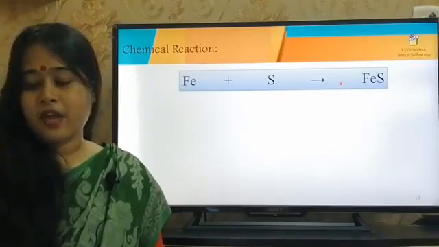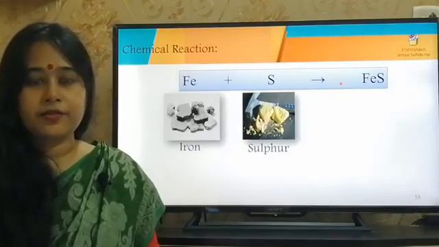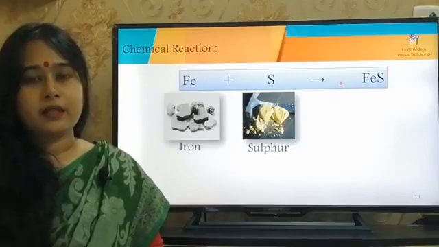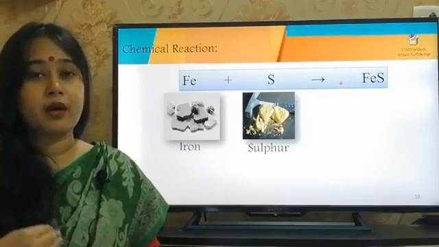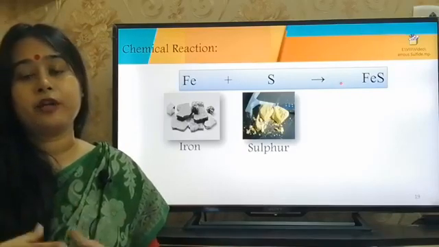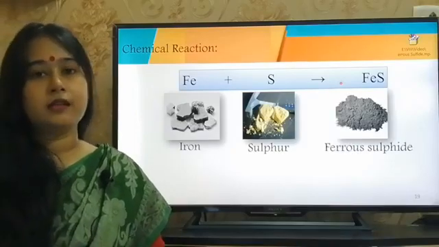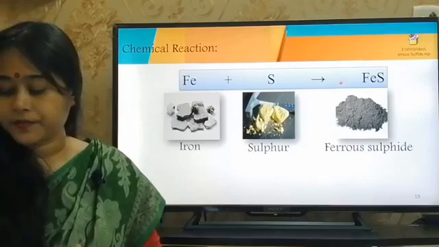Okay, in the video you have seen that there was iron and sulfur. When this yellow colored sulfur is added to the iron and they heat up, they combine with each other and they produce a new kind of material that is called ferrous sulfide, ash colored ferrous sulfide.